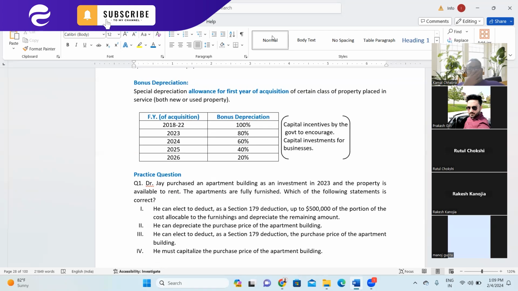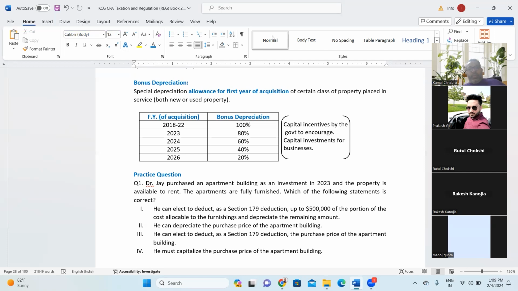The apartments are fully furnished. Which of the following statements is correct? He can elect to deduct as a section 179 deduction up to $500,000 of the portion of cost allocable to furnishing and depreciate the remaining amount.